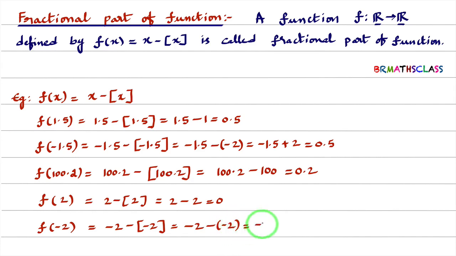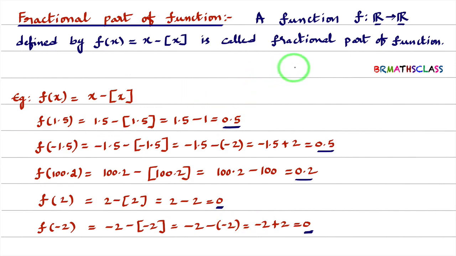So minus 2 plus 2 equals 0. From these examples you can understand that the fractional part function always gives an answer less than 1. 0 is possible and 1 is not possible. You can check for any real x value: this fractional part function never gives the answer 1.